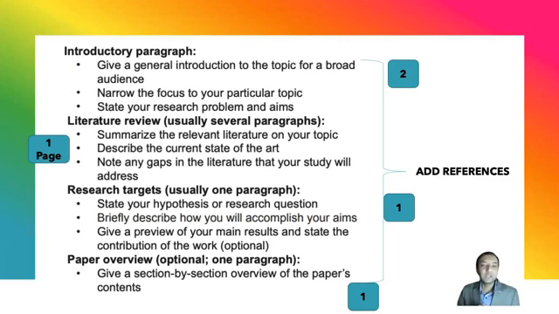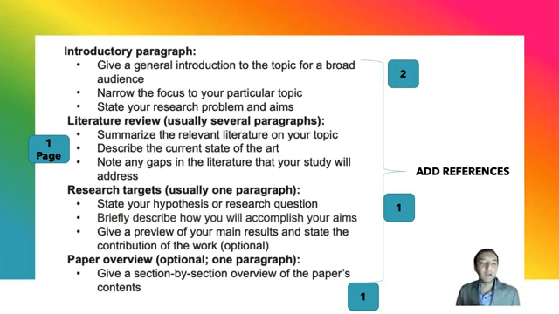So the literature review part will usually be 3 paragraphs, roughly 1 page. Then we move on to the research targets.